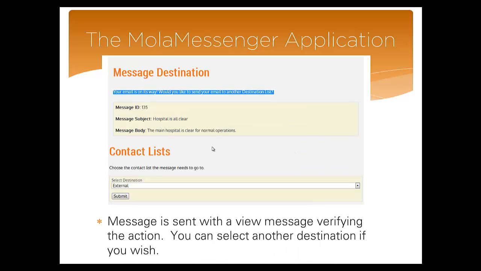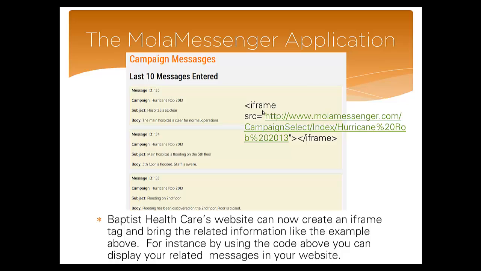Okay, let's go to the next slide. Once again, this is just reiterating what happened on the live demo. You'll notice it's highlighted in blue that it is on its way, and you can choose another destination list to go to. Now, one of the key benefits, and one of the goals of MolaMessenger, besides getting this message out to certain contact lists, was that once the message is out, the website could pull that message from the database.